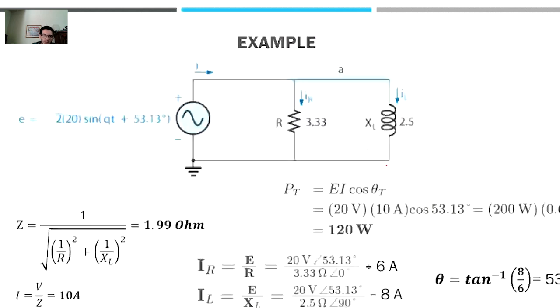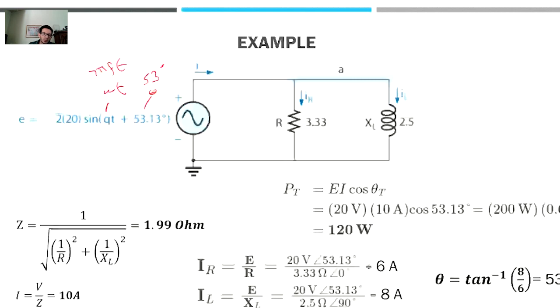So for example, they give us the voltage at omega t, which is 2 pi f t, and a phase shift of 53 degrees, and we want to know what is the total power, and what is the current through the resistor and the current through the inductor.